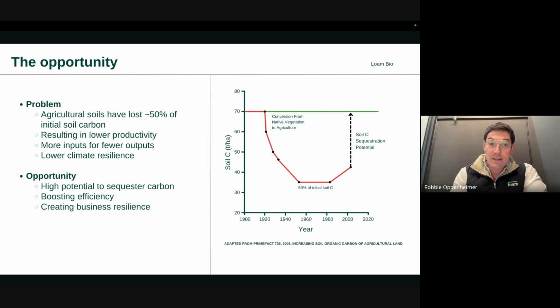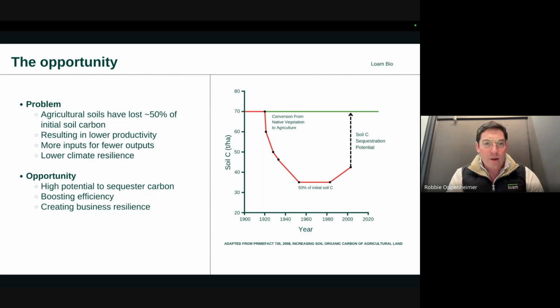If we can sequester that carbon, we can increase the efficiency of our farming systems, requiring fewer inputs. And this also creates opportunities for business resilience. That's resilience to those climate variability, but also if there's the potential to capture the value of that sequestered carbon through insets or offsets in carbon markets, creating a new revenue stream for farming businesses.